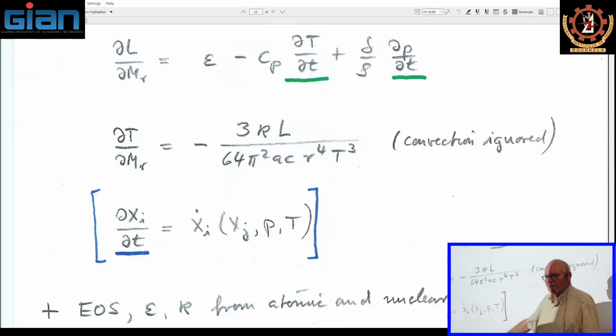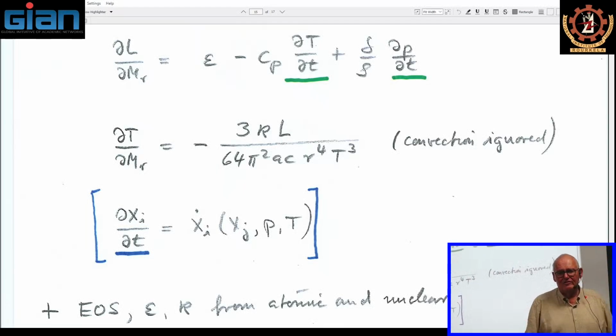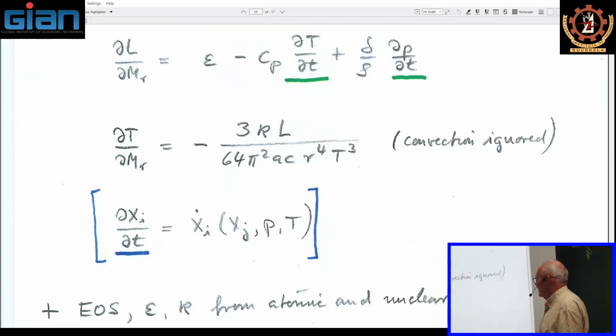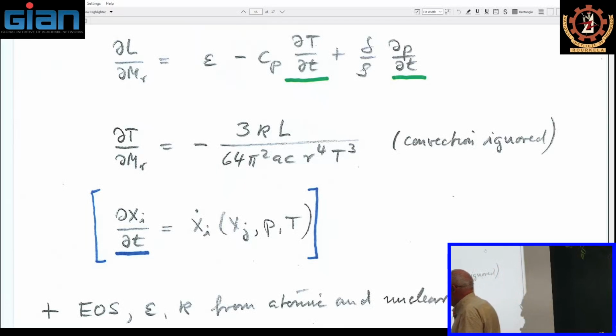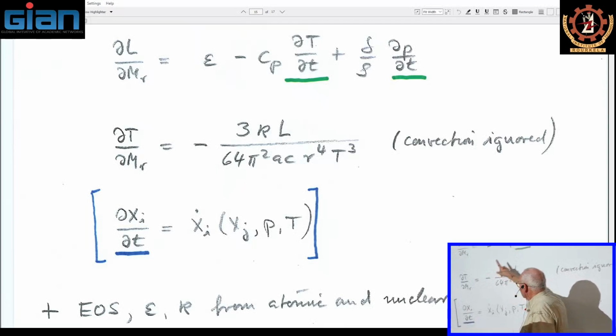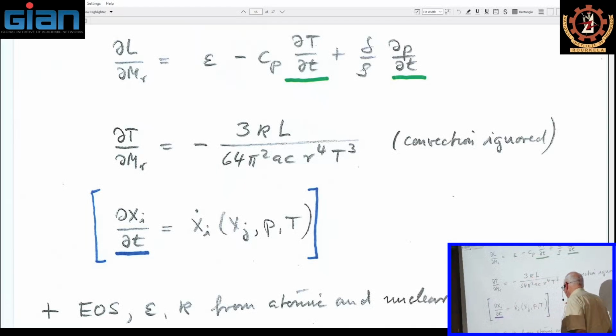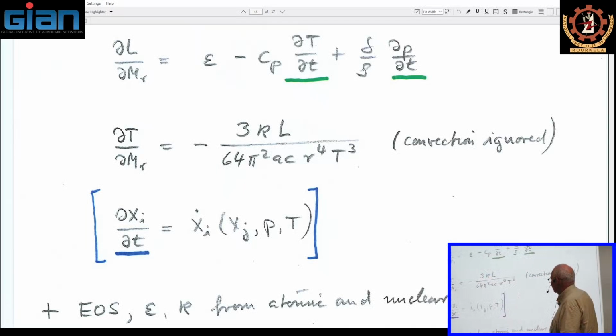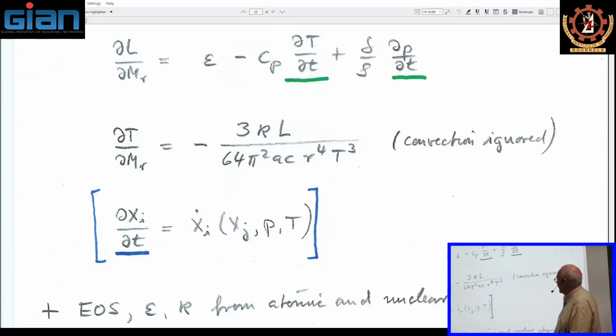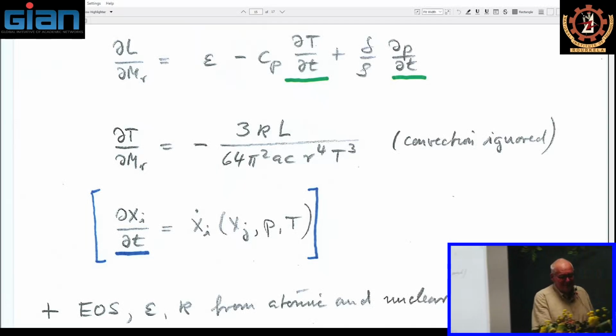So this equation is essentially not changed if we want to take it into account. Okay, like before, the equation of state, the nuclear energy generation and the opacities have to be taken from atomic and nuclear physics. Okay, that's the complete system.